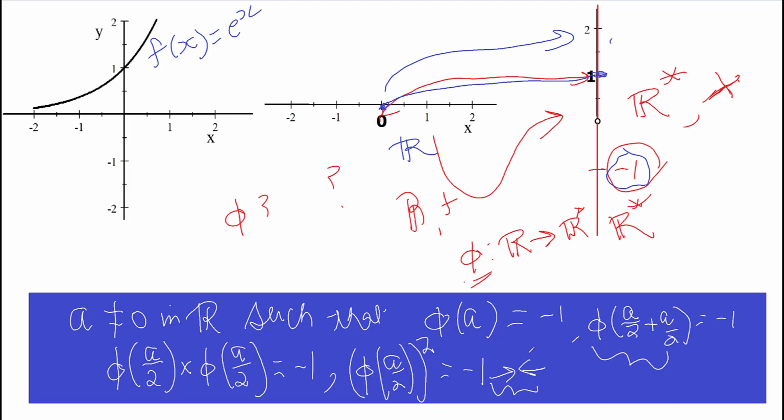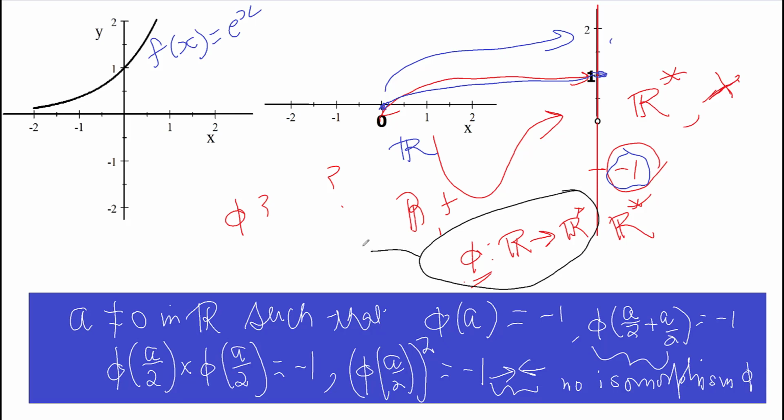So what happens is that we will have no isomorphism phi between the set of real numbers with addition and the set of non-zero real numbers with multiplication. So we cannot find any such isomorphism.